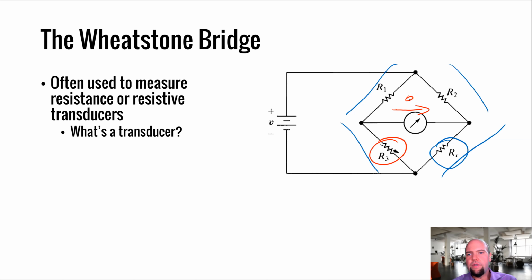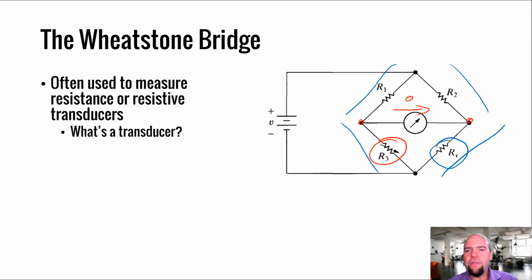This current meter here, something I call a galvanometer, is for something that measures very small currents, and sometimes it's just something that tells you is there a current or is there not a current. The idea here is we tweak this resistor R3 until there's no current flow from this node to this node, or vice versa. What does that mean if there's no current flow?